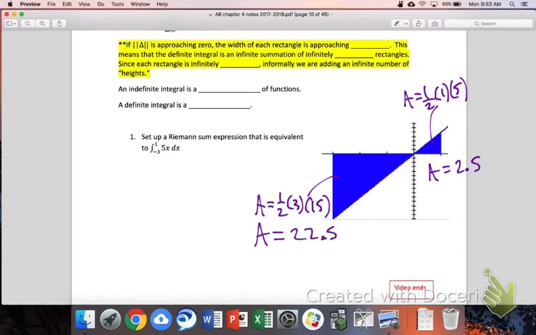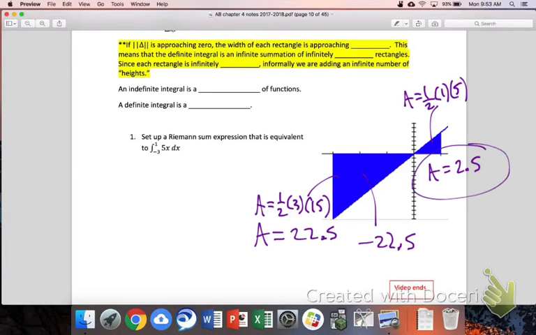Here's how we would actually end up getting back around to our answer. Because all of those y values are negative, this will actually end up integrating to be negative 22.5, right? Because a definite integral is nothing more than an infinite summation of infinitely skinny rectangles. So that would integrate to be a negative 22.5 because it's below the x-axis.